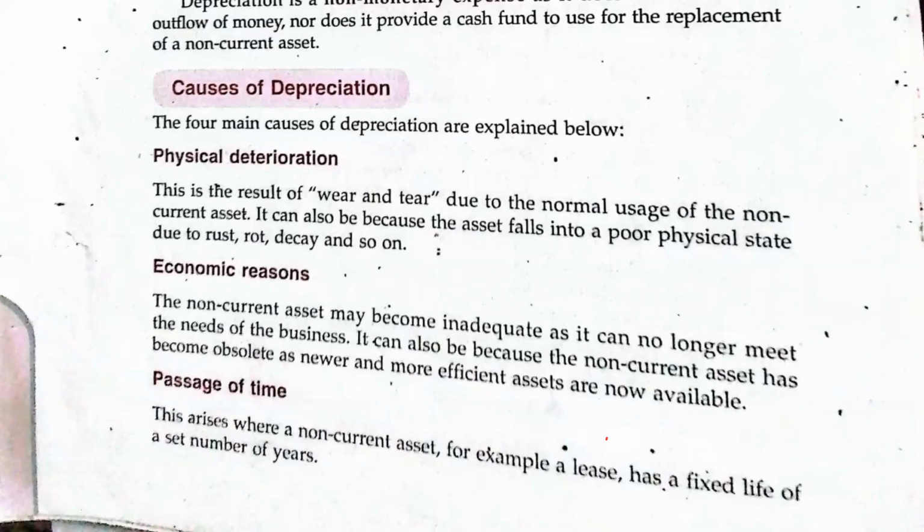So after 10 years, the lease is no longer working. It has stopped being useful to you. So you no longer count it. The number of years that were set from the very beginning have passed. And that could be one of the causes of depreciation.